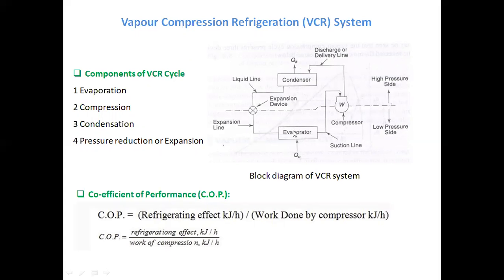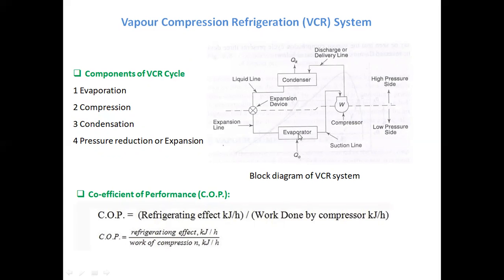So this is basically the heat. If you remember the previous slide on the second law of thermodynamics, the object here is the object whose heat you are going to remove, and that heat is removed as shown here at Q0, and that heat is rejected to the high temperature reservoir, that is the surrounding in this case, from the condenser.